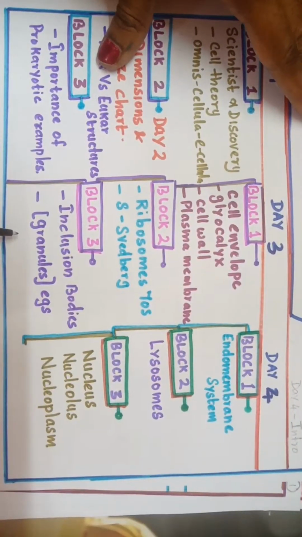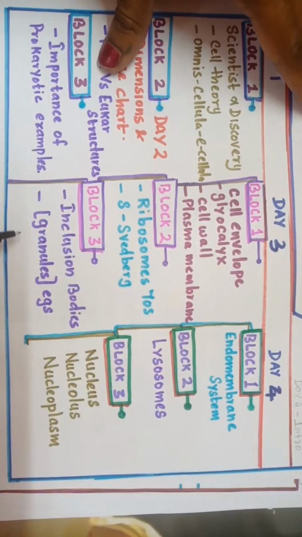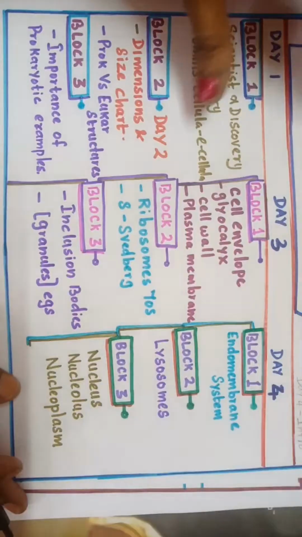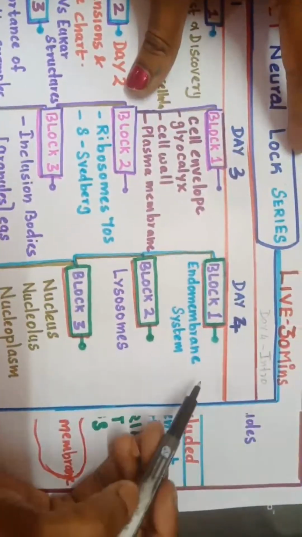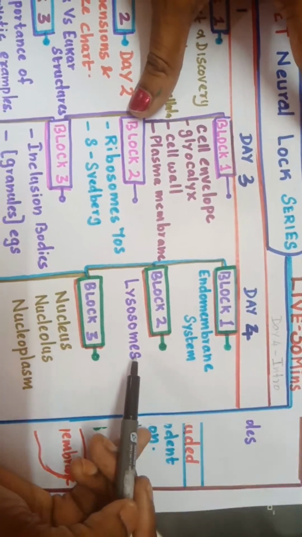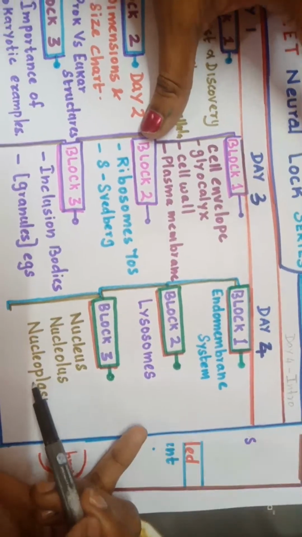Can you name the examples of inclusion bodies? Phosphate granules, cyanophycin granules and glycogen granules. And today we are going to see 3 blocks, that is block 1 endomembrane system, block 2 lysosomes, block 3 nucleus, nucleus and nucleoplasm.